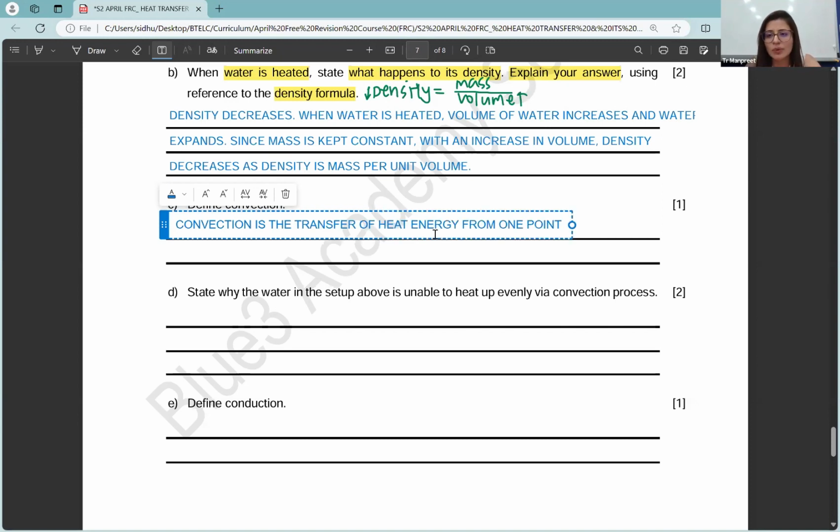You can say one place to another, but one point is better. One point to another by the movement of the fluids. We say fluids because, like I said, fluids refers to your liquids and your gases. So by the movement of the fluids, due to, of course, a difference in density.